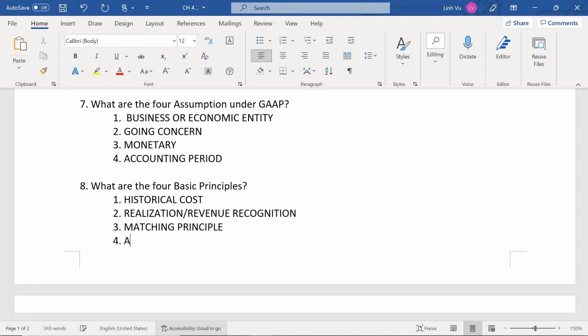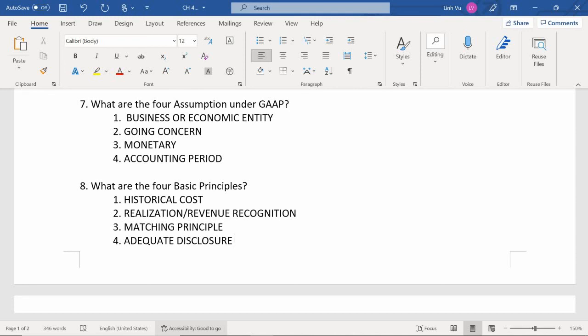Adequate disclosure. Yes. When you have pertinent information about a particular transaction, such as the number of employees and what they actually do, you need to justify why you're paying your employees money.